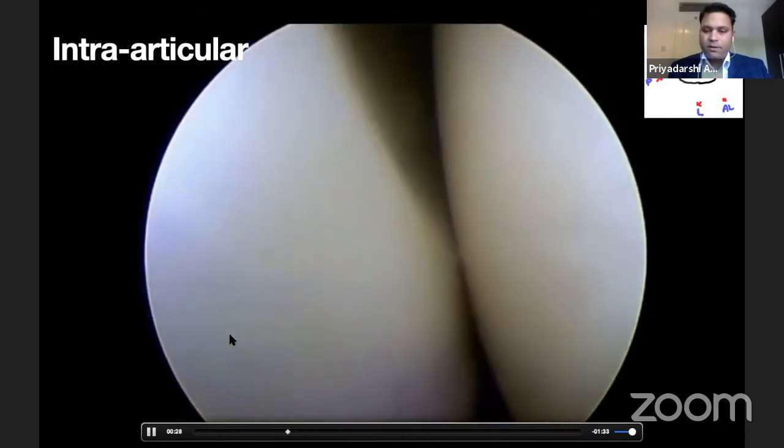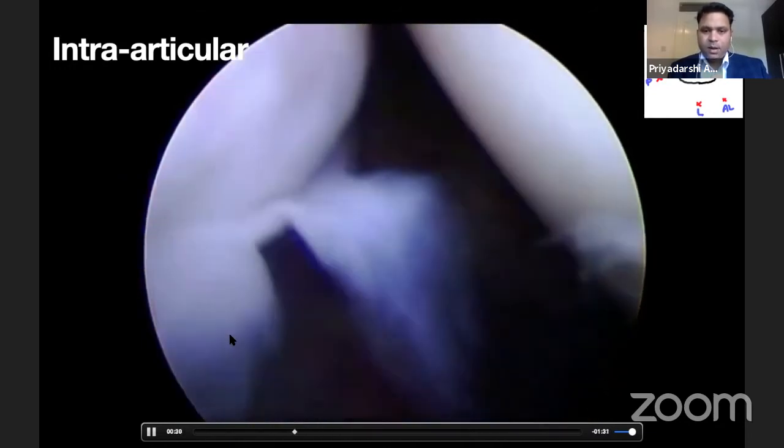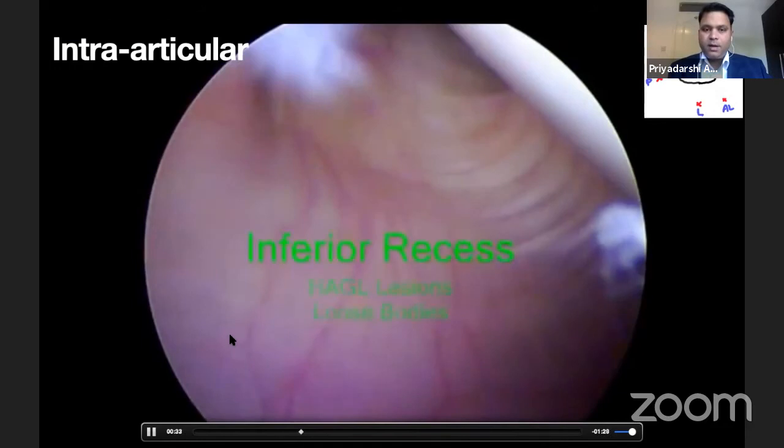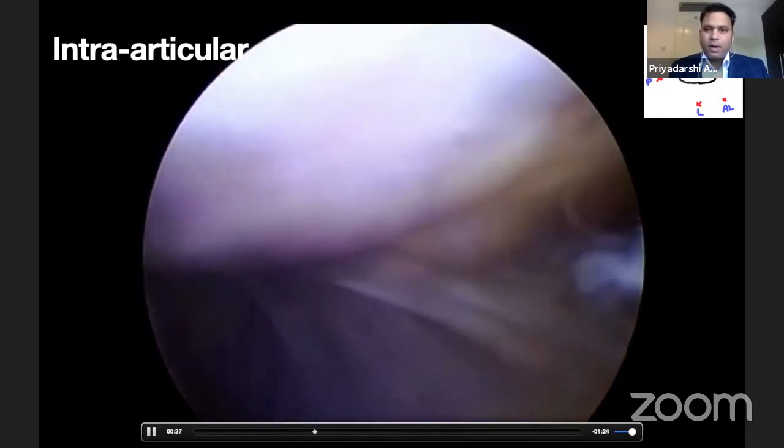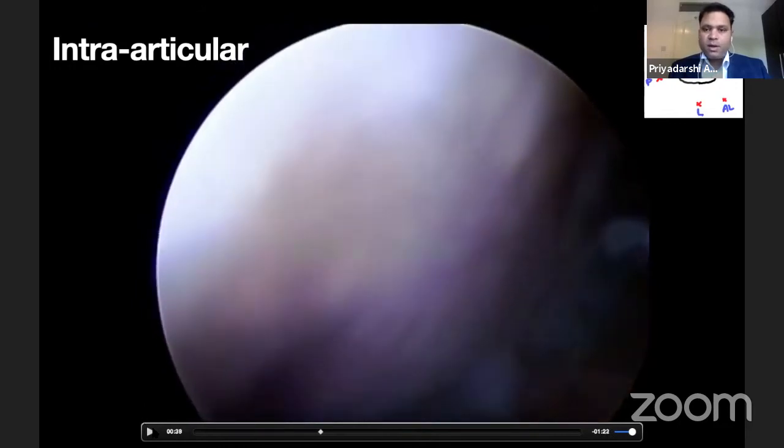And then you go inferiorly and look at the inferior glenohumeral ligament, and that's the recess. And then you go posteriorly and look at the bare spot, which is the area of the humeral head devoid of cartilage.